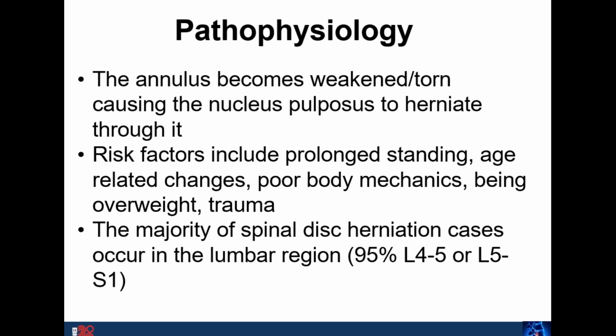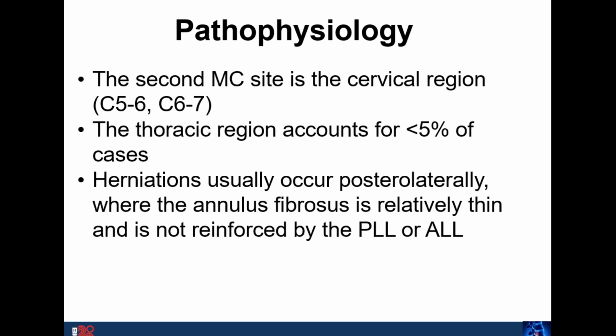The majority of spinal disc herniations occur in the lumbar region, with approximately 95% occurring at L4-5 and L5-S1. The second most common site is in the cervical spine, and again, the mid to lower portion of the cervical spine, C5-6 and C6-7.